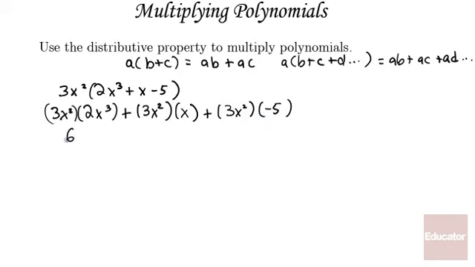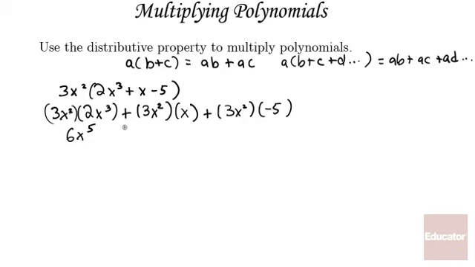And this is going to give me 6x, and then since I'm multiplying with the same base, I need to add the exponents. So these have the same base of x, but I need to add the exponents. So it's going to give me 2 plus 3, that is going to be x to the 5th.